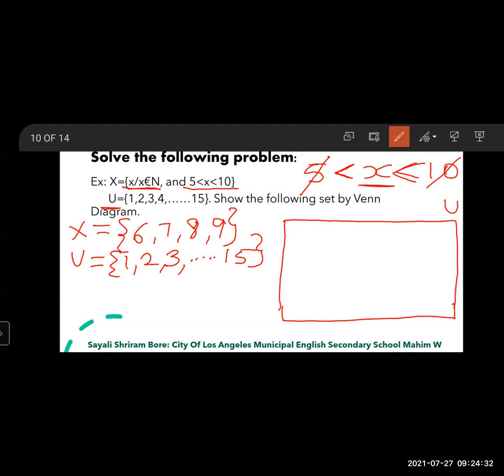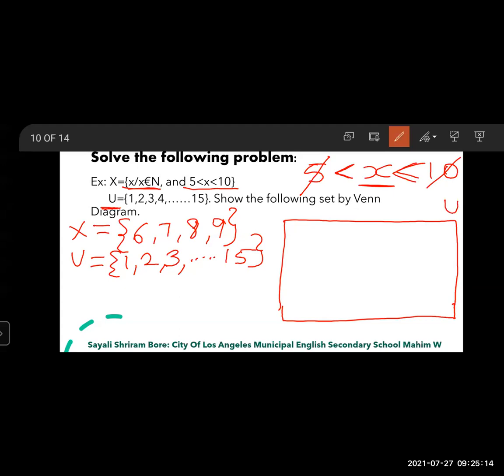Venn diagram we are using, but whenever a universal set is given, that U is written outside the rectangle. That is more important. If X and Y are given, then I told you that X and Y you have to write inside the Venn diagram, at any corner of that particular closed figure. So here U is given, so I have drawn a rectangle, and this U I have written outside the rectangle at one corner. You can use any corner, but it should be written outside the rectangle.